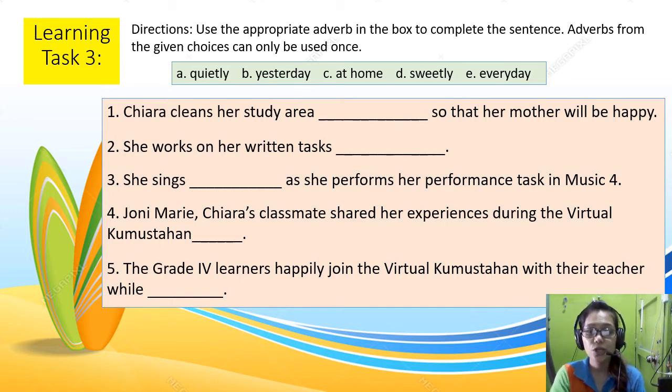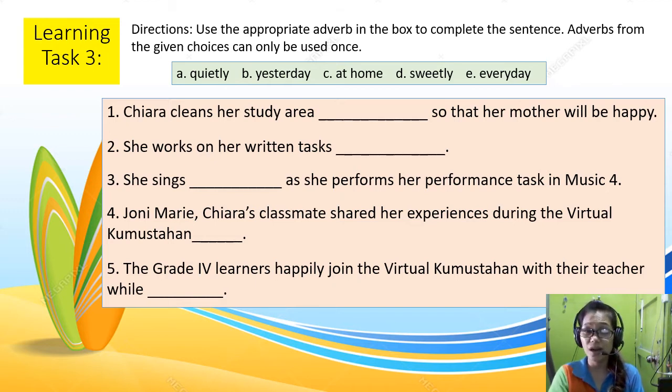Number 4. Johnny Marie, Shara's classmate, shared her experiences during the virtual kumustahan blank. And number 5, the grade 4 learners happily joined the virtual kumustahan with their teacher while blank.